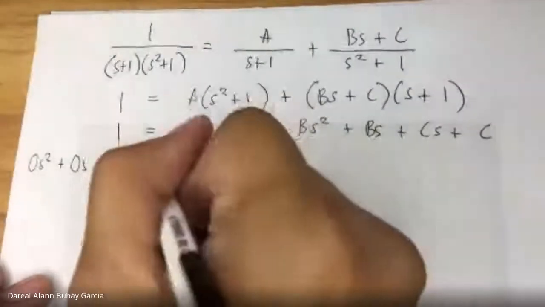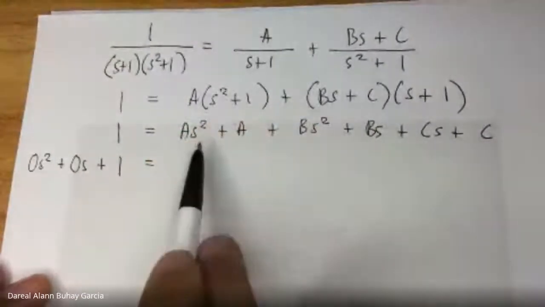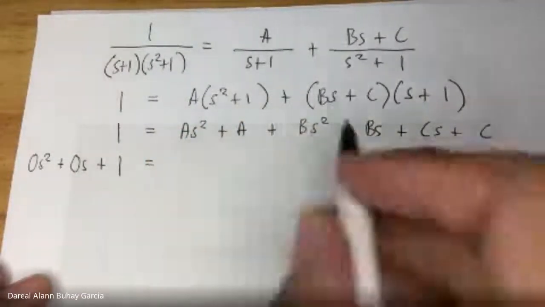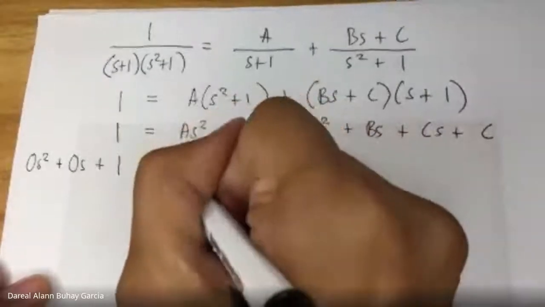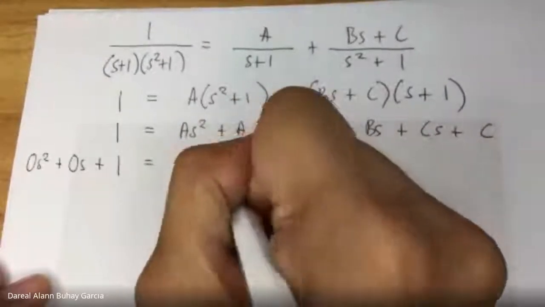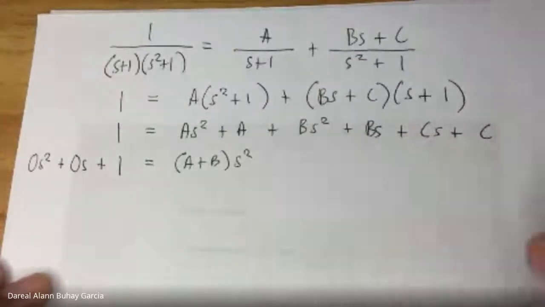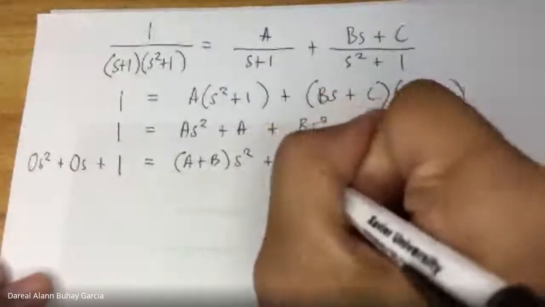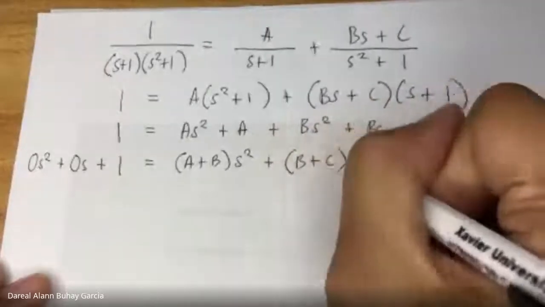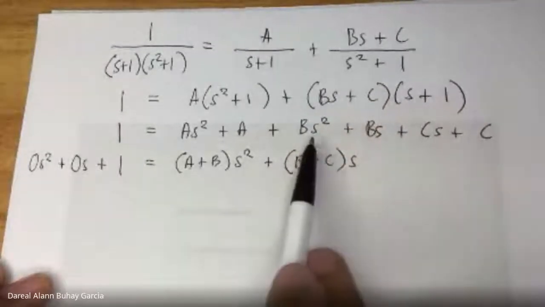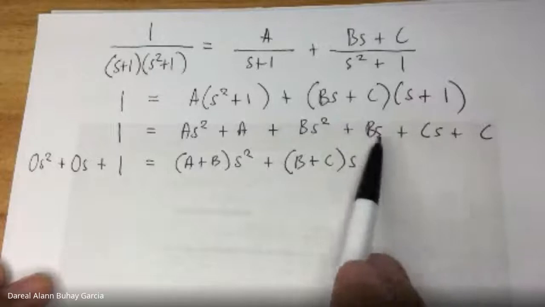Same. Equate the s squared terms: a plus b, a plus b s squared. The s terms are b plus c. The constants are a and c.